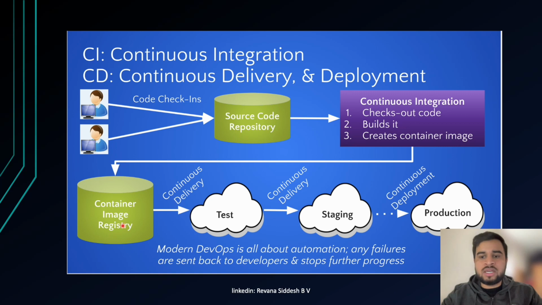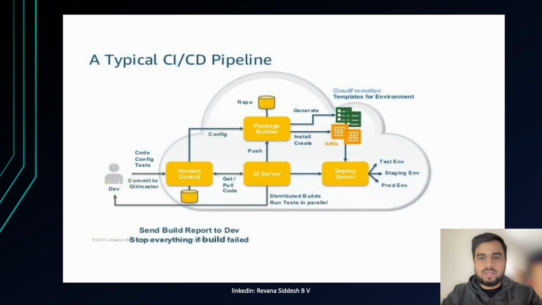So once the images are created, they'll be pushed to test, staging, or production environments using the continuous delivery or deployment method. And this is how a typical CI/CD pipeline looks in a cloud platform.